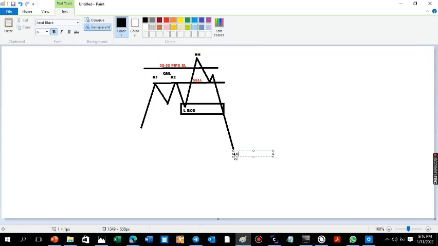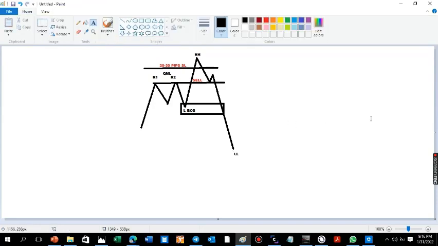So this is what happens. Once the market has broken the structure and formed a lower low here, you wait for price to start coming back to that level. Around this level here, you're going to have something like this. The market usually starts to come back to this level.